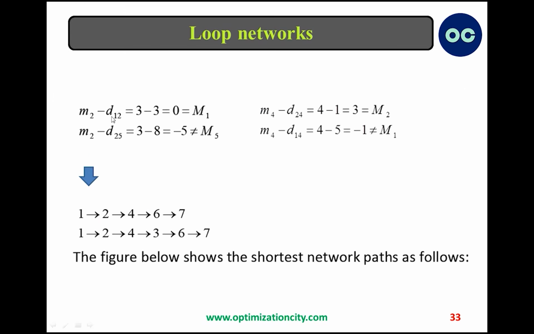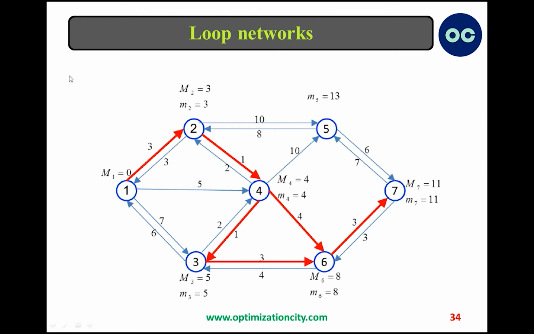Here arc 1, 2 is on the shortest path and also arc 2, 4 is on the shortest path. As a result, we have two shortest paths from 1 to 7. One shortest path is 1, 2, 4, 6, and 7, and the other is 1, 2, 4, 3, 6, and 7. Both shortest paths have a value of 11.